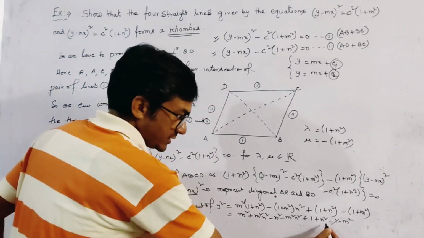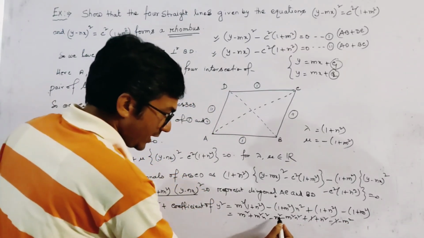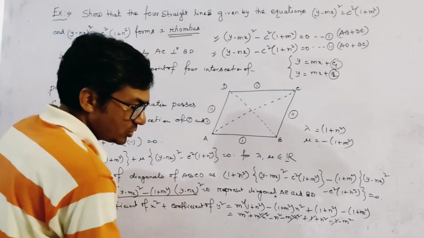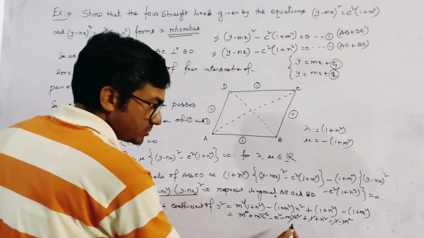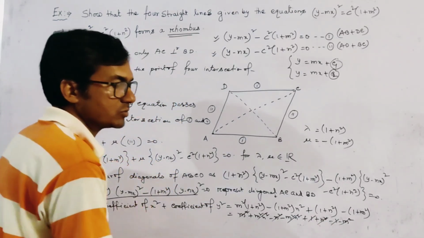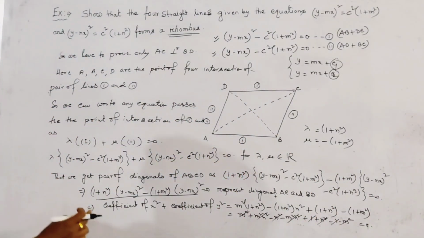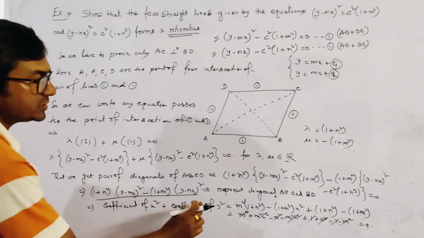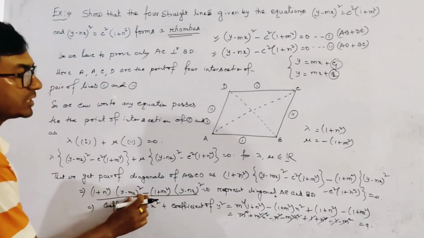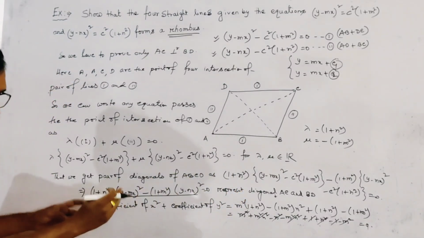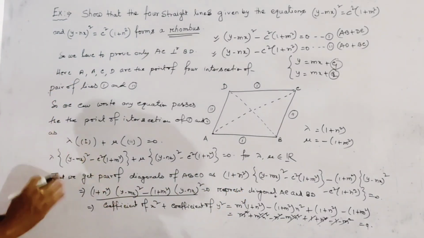Everything cancels out, so it equals 0. And if the coefficient of x square plus the coefficient of y square for a pair of straight lines is 0, then the pair must be perpendicular.